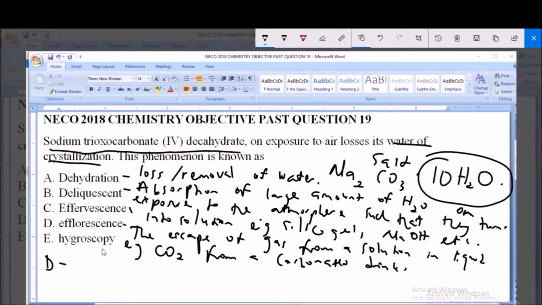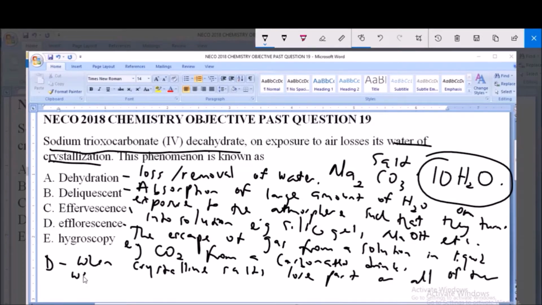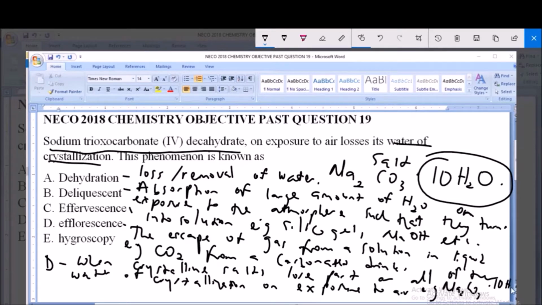Now, option D, which is efflorescence, refers to when crystalline salts lose part or all of their water of crystallization on exposure to air, such as what is seen in Na2CO3, that is sodium trioxocarbonate 4 decahydrate.